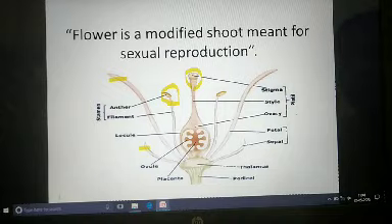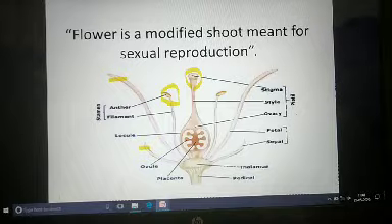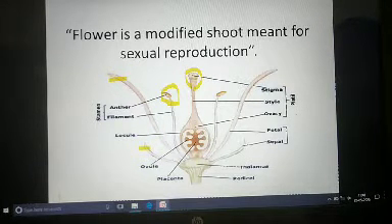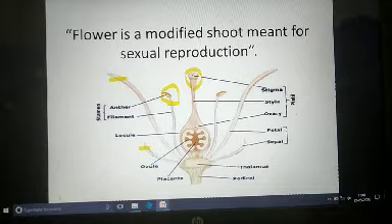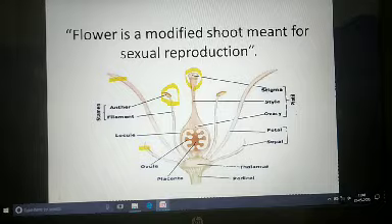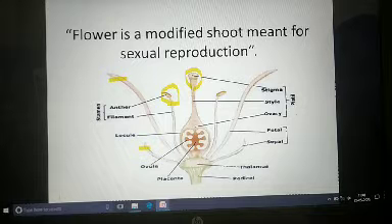Now, let us distinguish these parts. Calyx and corolla are really not necessary for reproduction, so they are called accessory whorls or non-essential whorls. Androecium and gynoecium are absolutely necessary for reproduction, hence they are called necessary whorls.